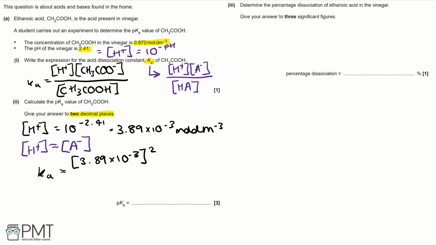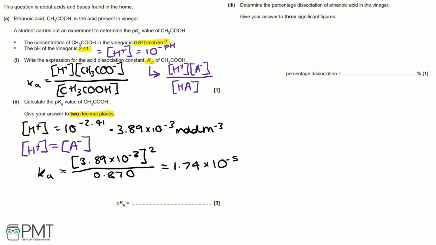In other words, we're squaring the concentration. Then we divide by the concentration of ethanoic acid, which we've been given in the question, is 0.870. So that will equal a Ka value of 1.74 times 10 to the negative 5.